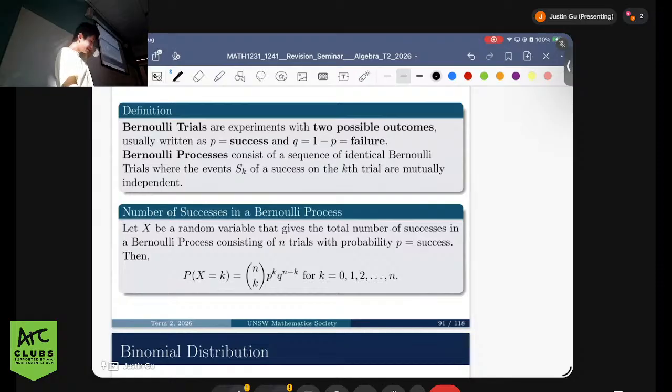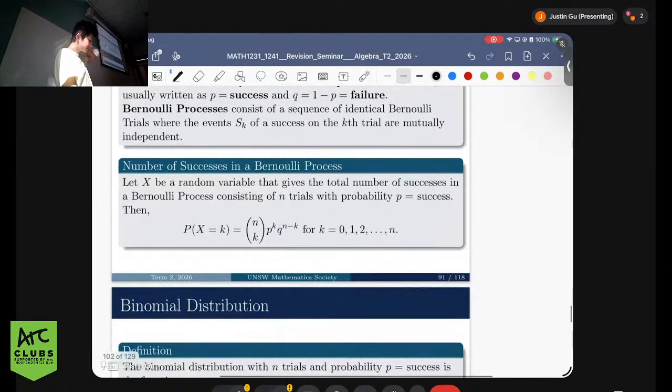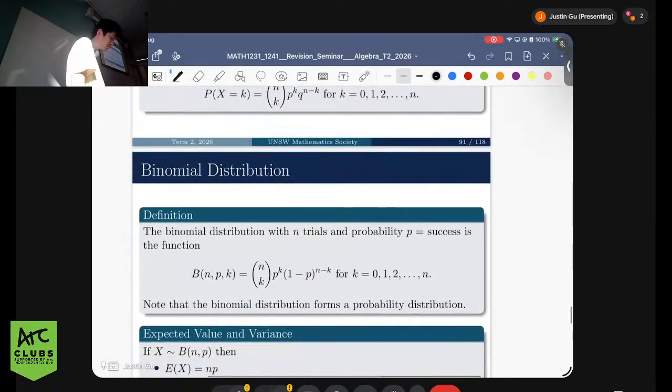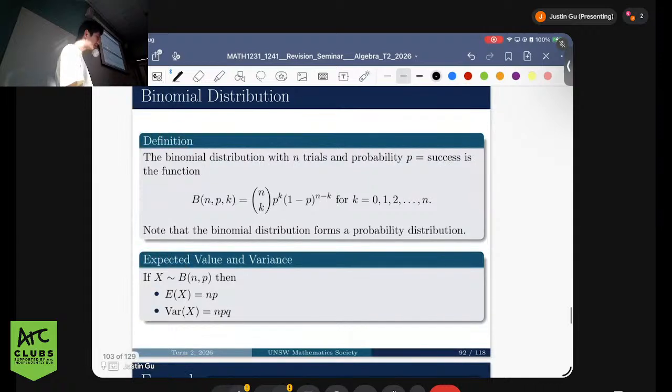And if X is a random variable that gives the total number of successes, then the probability that X is equal to k is given by this formula: n choose k times p to the k times q to the n minus k. A simple combinatorics argument would tell you why that's true. We define the binomial distribution as a Bernoulli process with n trials and probability p.